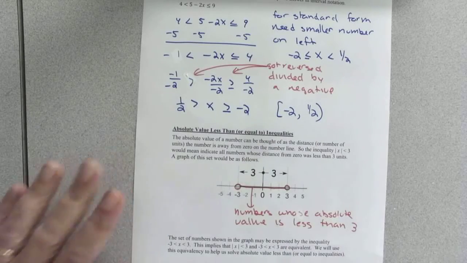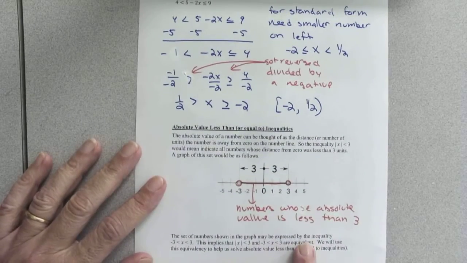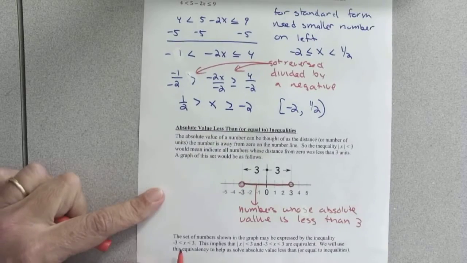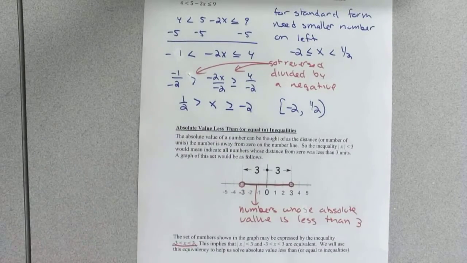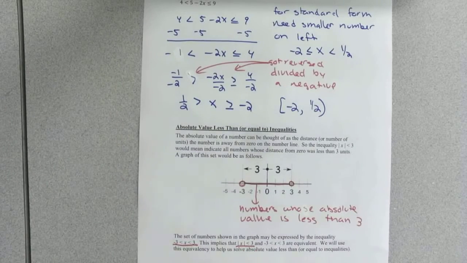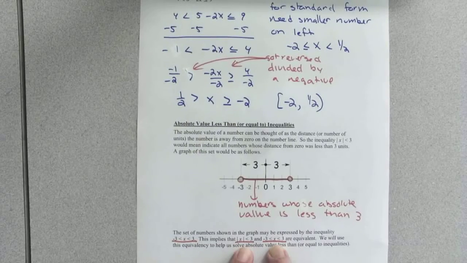So the set of numbers shown in the graph may be expressed by the inequality -3 less than x less than 3. This implies that the absolute value of x less than 3 and the inequality -3 less than x less than 3 are equivalent. Those two statements are referring to the same set of numbers.